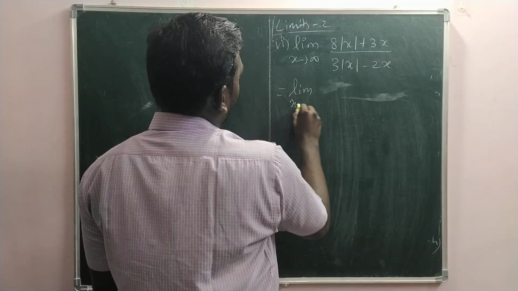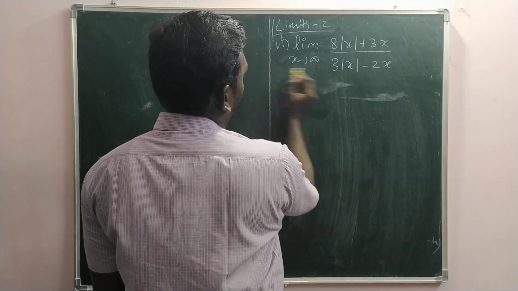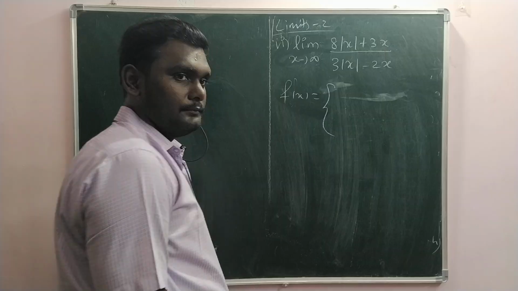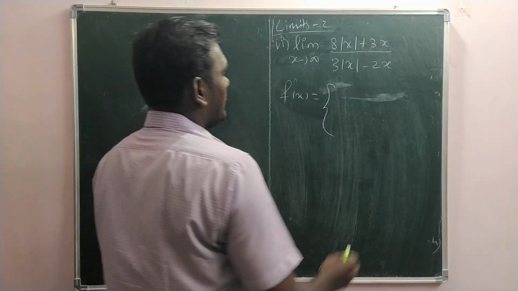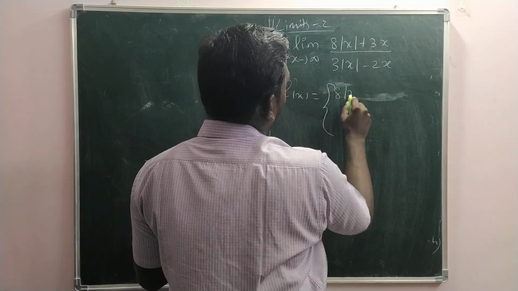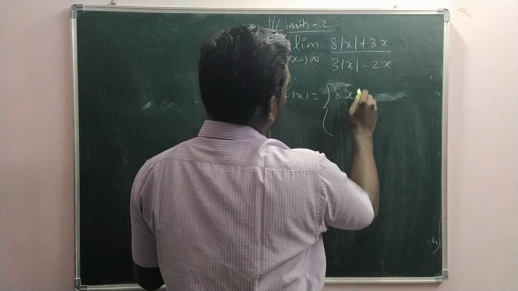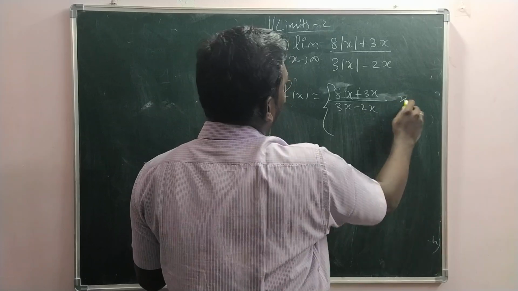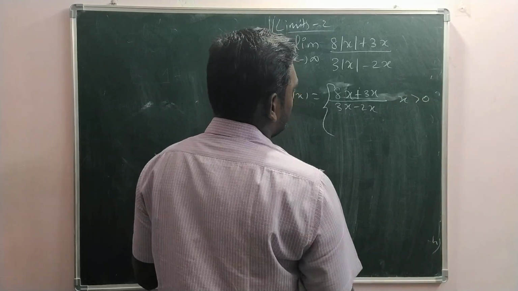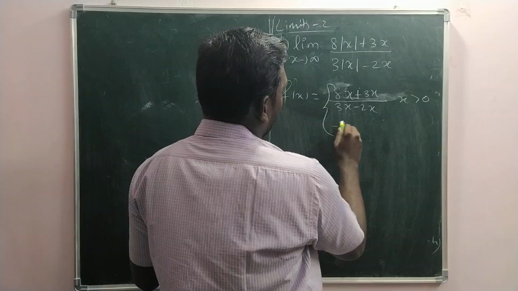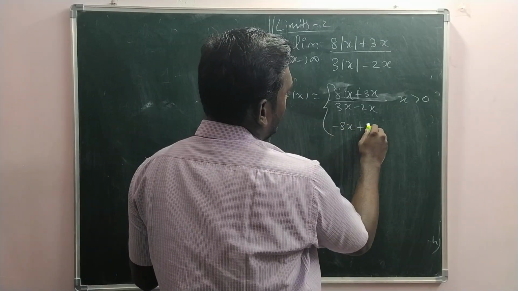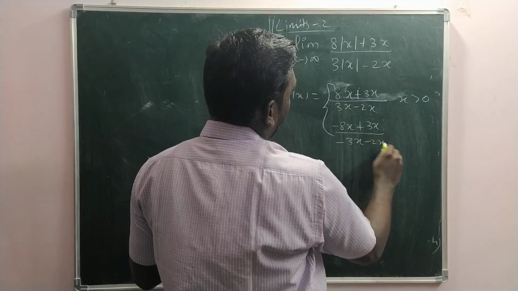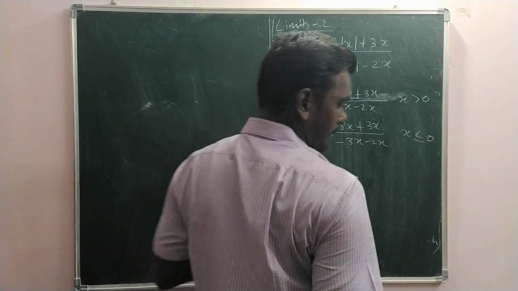First, we should apply the definition of mod x. So we'll get 8x plus 3x by 3x minus 2x when x is greater than 0. And minus 8x plus 3x divided by minus 3x minus 2x.